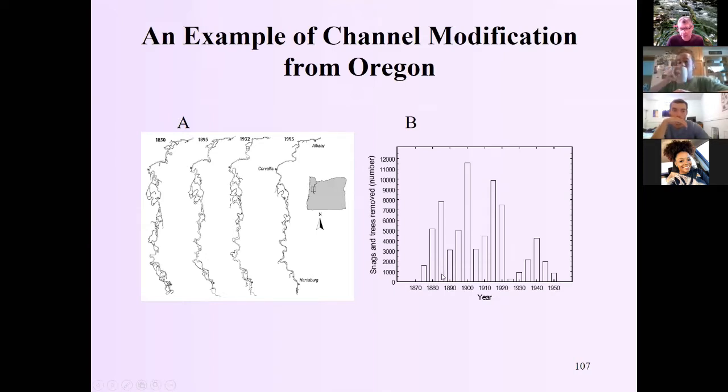And we see that at the peak, in around the early 1900s, they were removing thousands of pieces of wood from this river. After 1950, it was not used for transportation very much, mostly just some recreation, and so they stopped removing the snags. So this is also a place where they decreased the amount of heterogeneity in the channel.